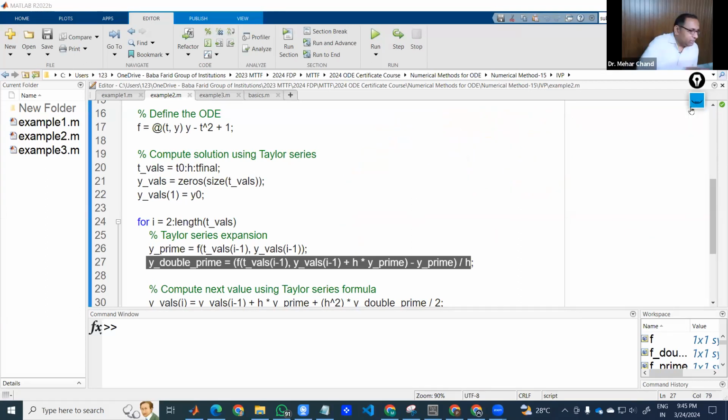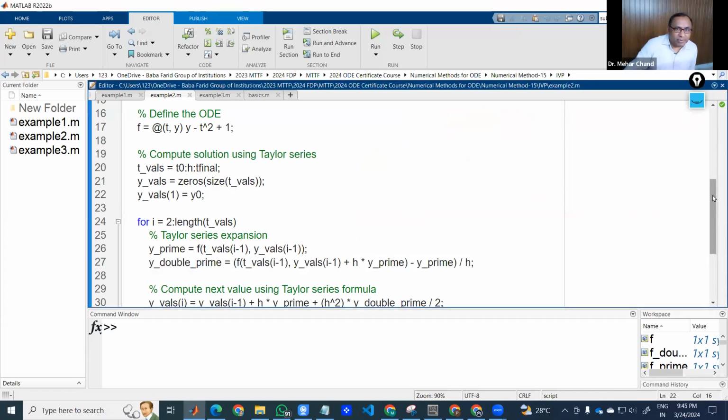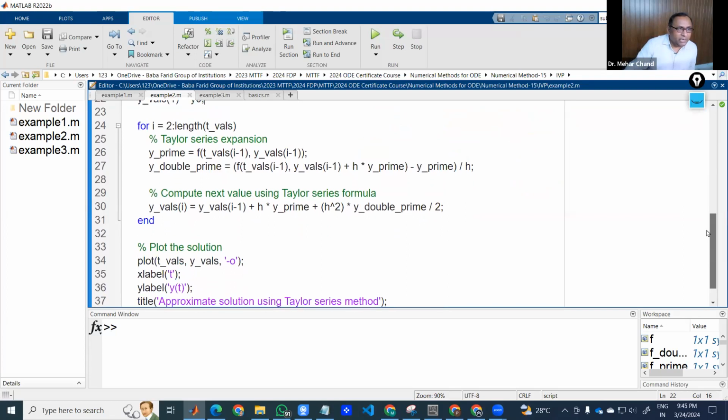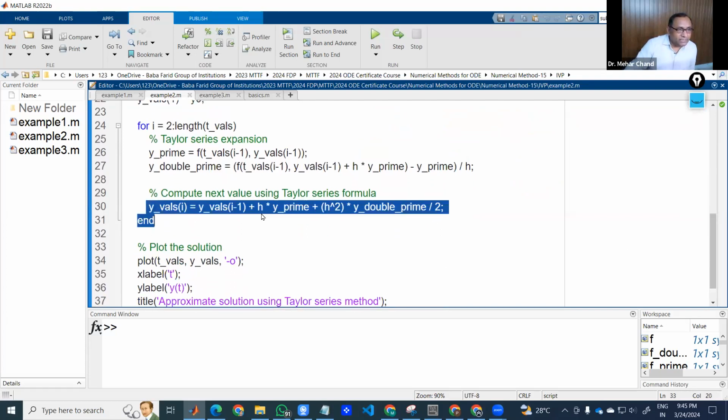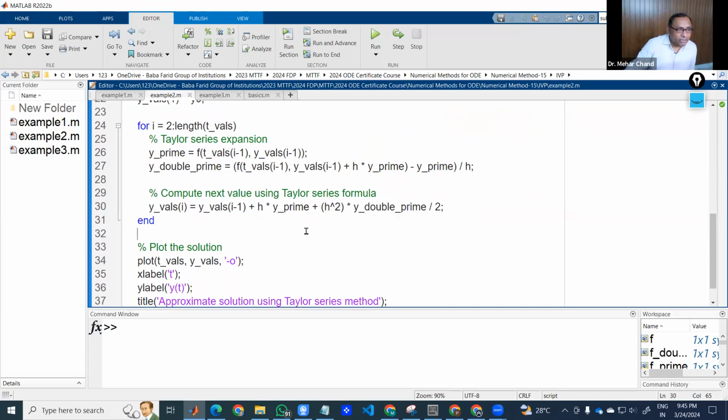So after getting y prime and y double prime, you can compute the next value of the Taylor series by using the series expansion. Here this is the y value, this is the first prime, and this is the double prime. Both the values are computed at their places, and then we use them here and here.